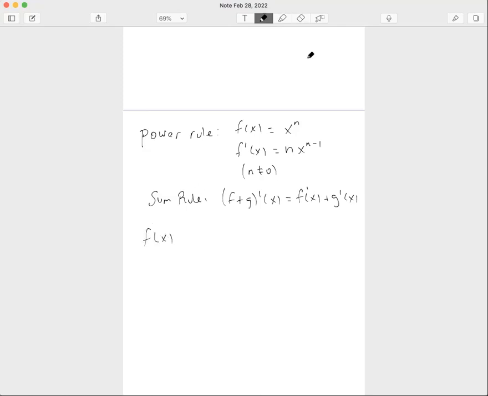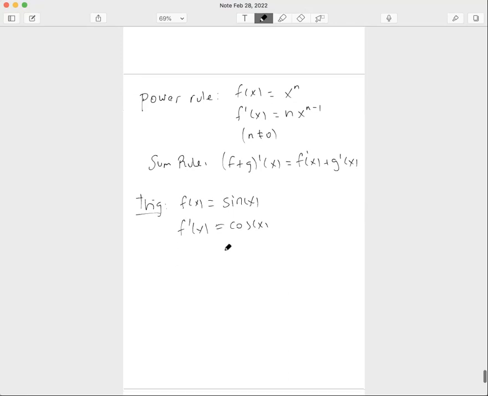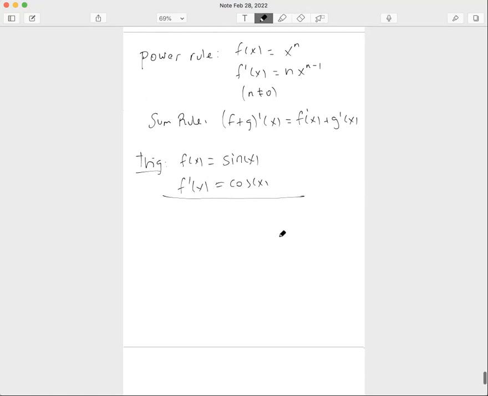We had trig. If our function is sine, the derivative is cosine. We might not have enough time, but I'll let you look at it, even from what we did last time.